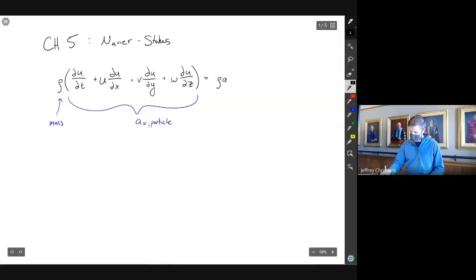So equals rho g minus the pressure dx plus mu d squared u dx squared plus dy squared d squared u dz squared.